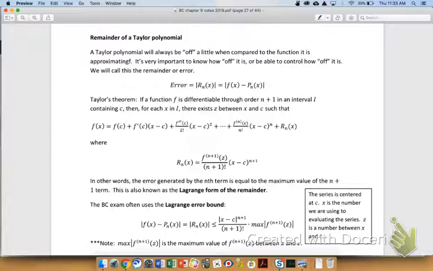The alternating series error bound will only work for alternating series. The Lagrange error bound will work for pretty much all the other series, alternating or otherwise. It'll work for alternating, but you'll find that the alternating bound will typically give you a tighter error bound, which is good, right? It'll give you more precision. But this one will always be fine.